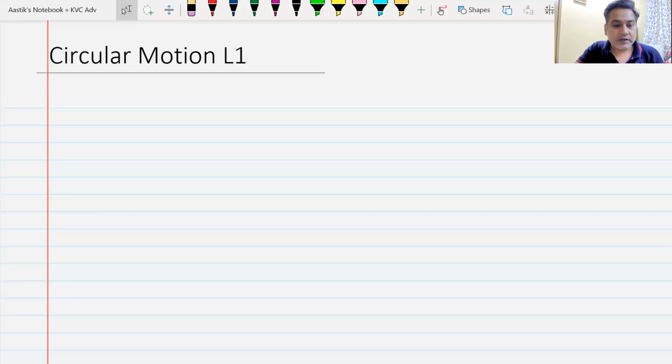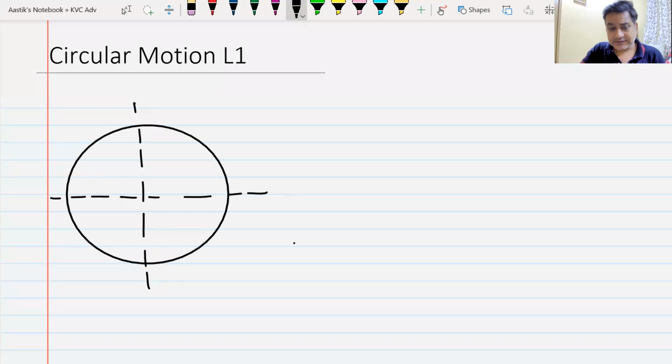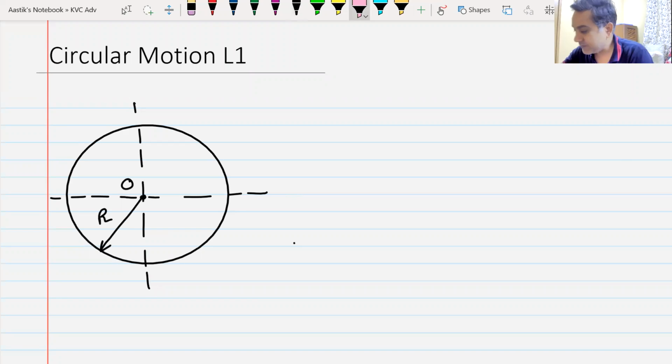So, if a particle is moving in such a way what? See, every circle has a center and every circle has a radius r. Now, how do you define or write this circular motion?